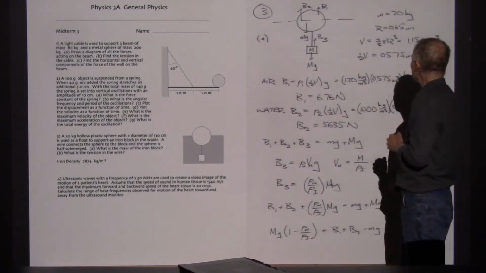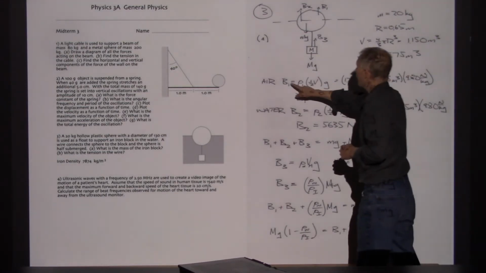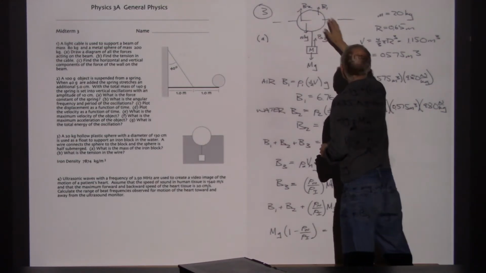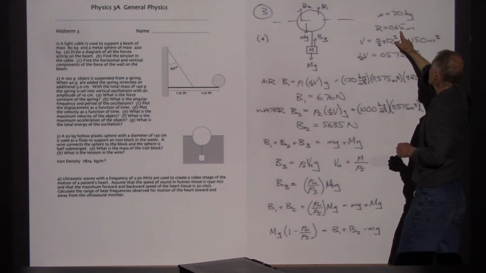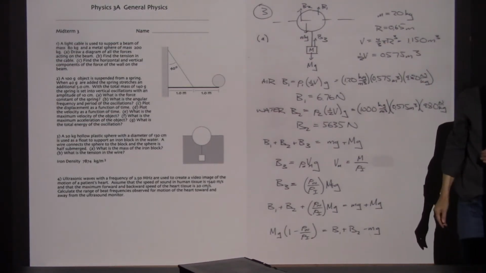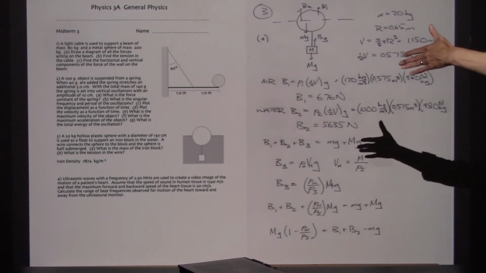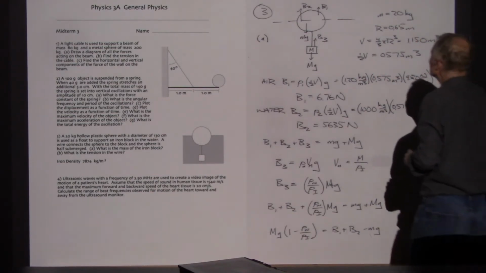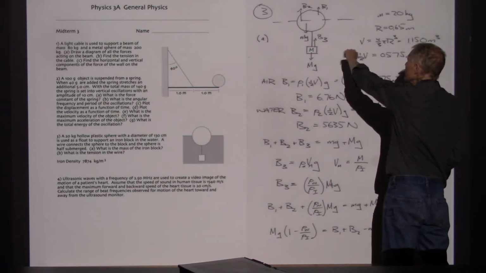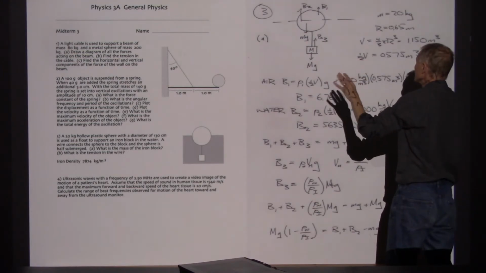Now I'm just going to go ahead and calculate that right now. So let's see, the buoyant effect due to half of the sphere being in the air. The sphere has a radius of 65 centimeters. It has a volume of 1.15 cubic meters. It's a pretty big sphere, so it's over a cubic meter in size. Now, half of that is displacing air, and half of it's displacing water.